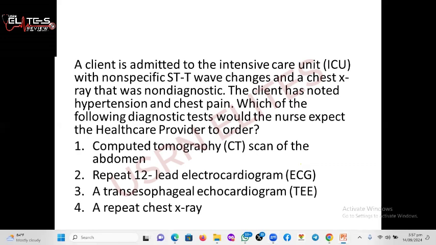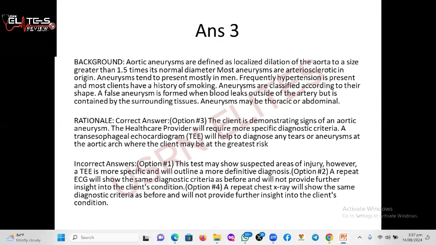Yes, transesophageal echocardiogram helps you visualize whether there is any form of tear or aneurysm.